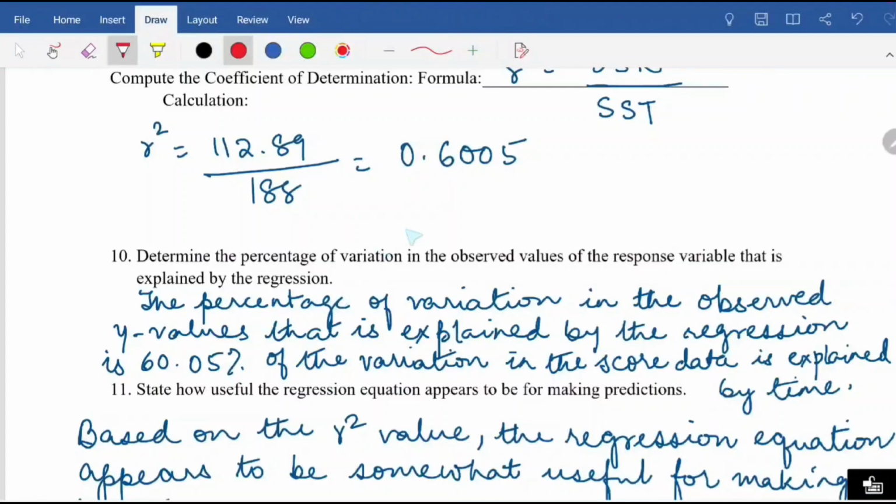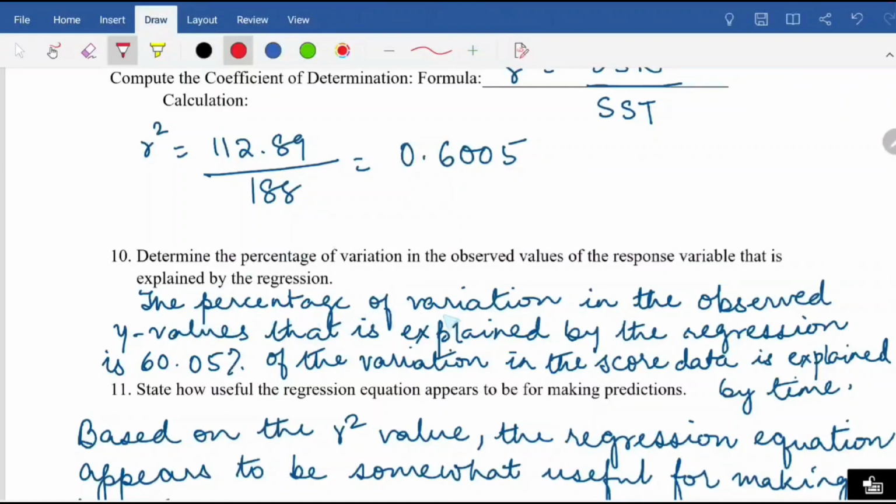All you need to do is interpret the coefficient of determination, and it says percentage, so you have to convert 0.6005 to percentage form by multiplying by 100.